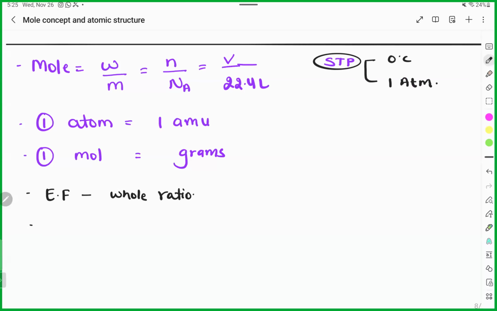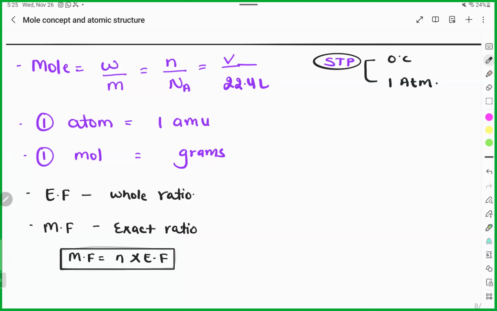Then you have the molecular formula, the exact ratio, exactly whatever is given. And if you correlate, the molecular formula will be n times the empirical formula.